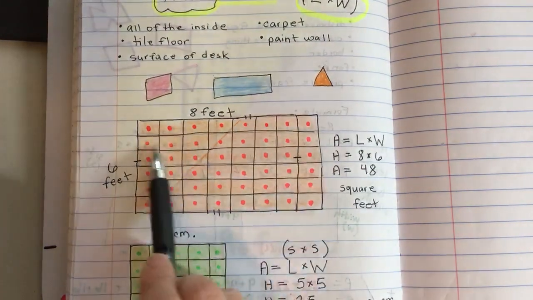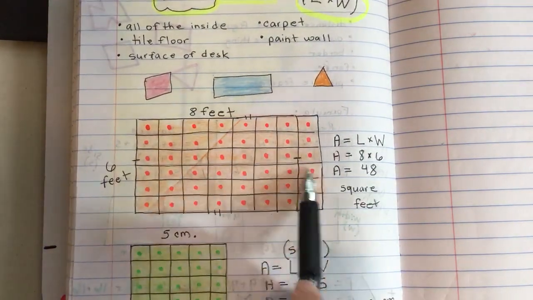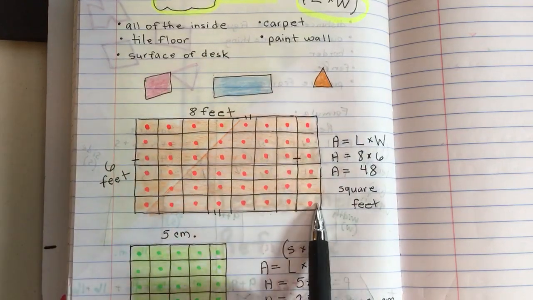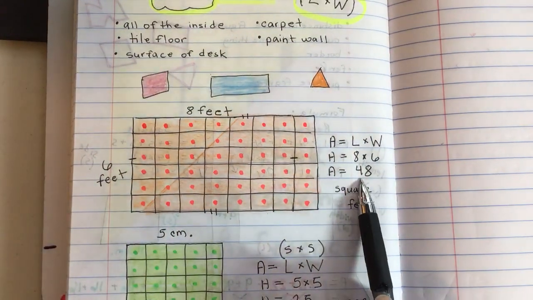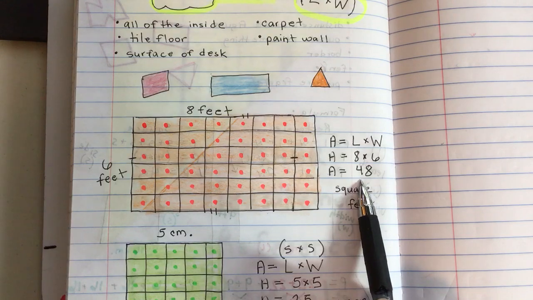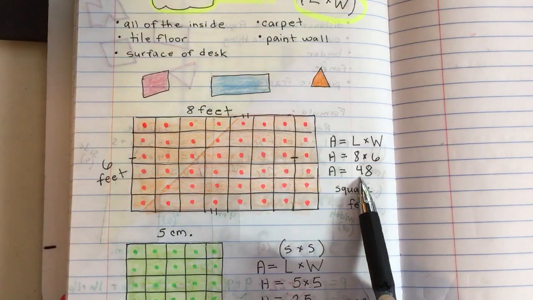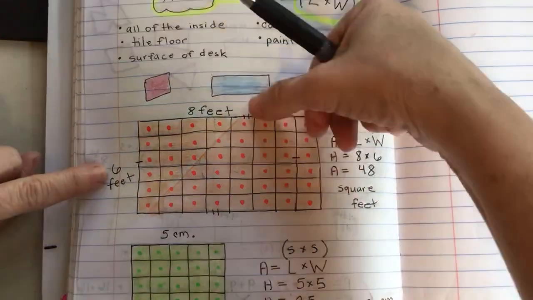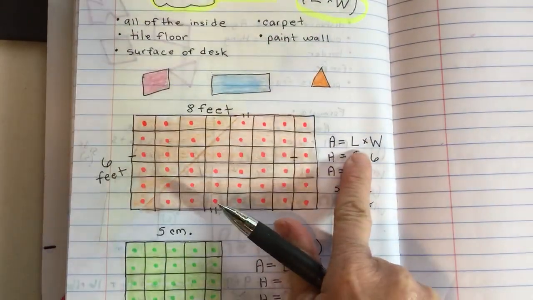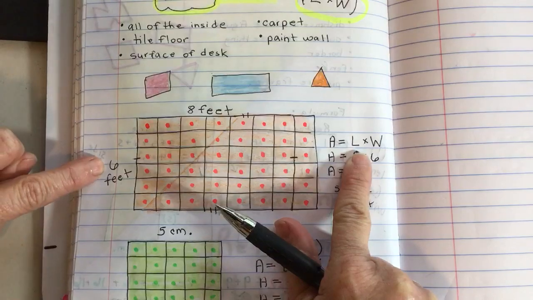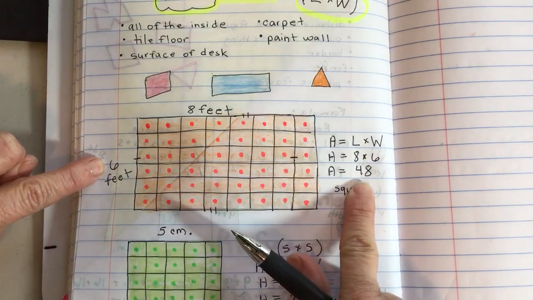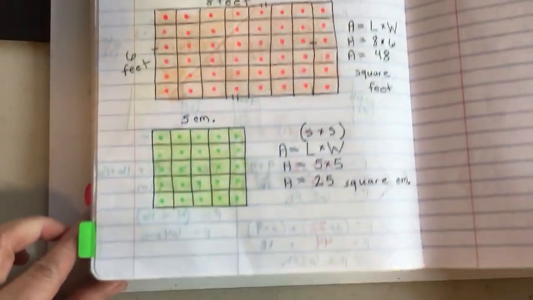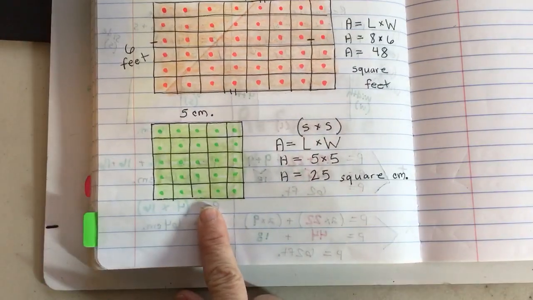So if we were to count all of these square units, square feet, we would get 48. Well, I don't want to have to do that every single time I have a figure. I don't want to have to create these squares and count all the squares. So much easier to take the length times the width. And if I take the length times the width of this rectangle, I get 48. With a square, which is this one right here, we drew this.